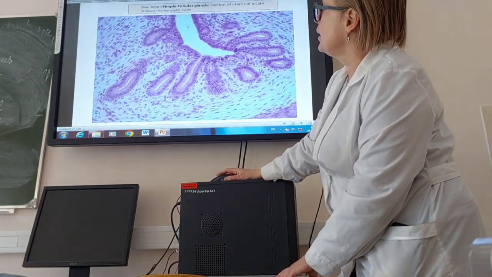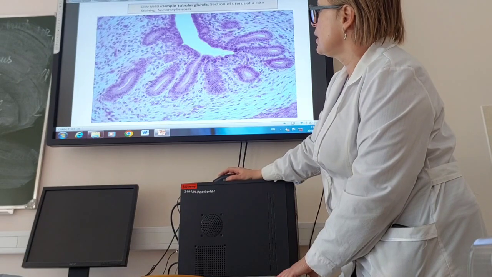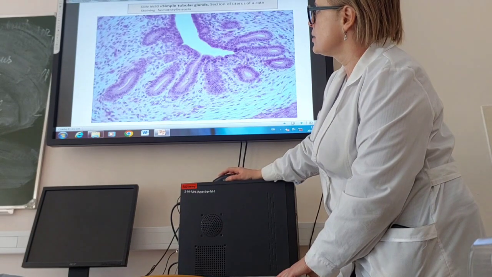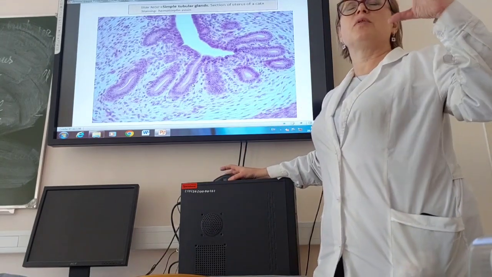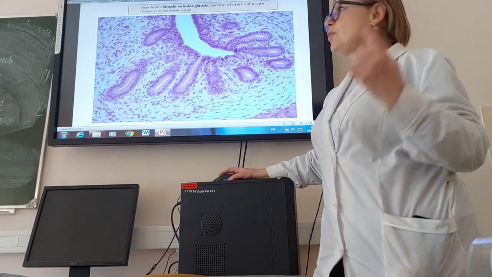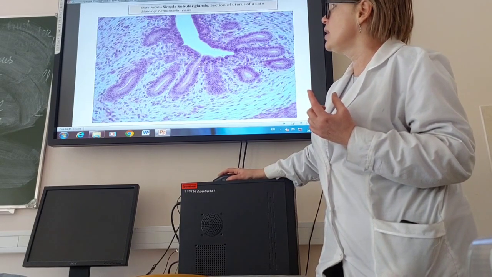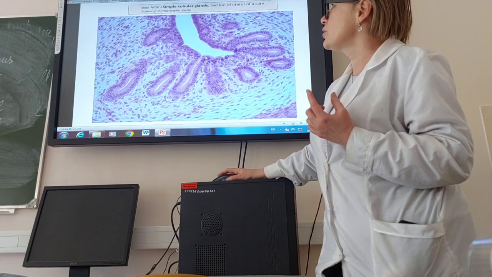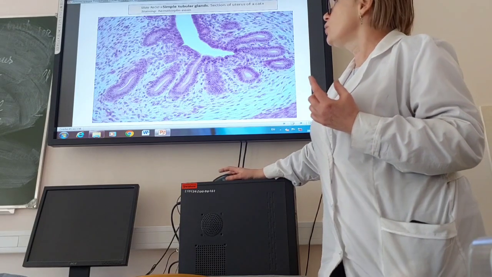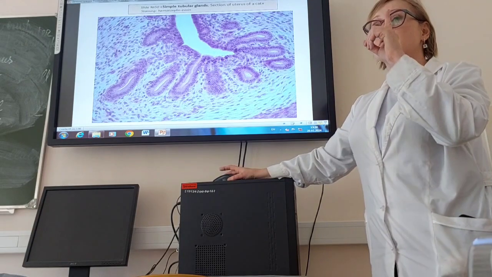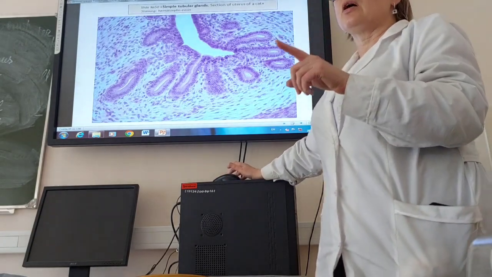For example, here, the lumen of the uterus, this is a gland. It has a tubular shape. It's difficult to identify where the duct is and where the secretory portion is. Approximately, this very narrow part will be the duct, and this the secretory portion. And you should draw one such simple tubular gland in task 74.